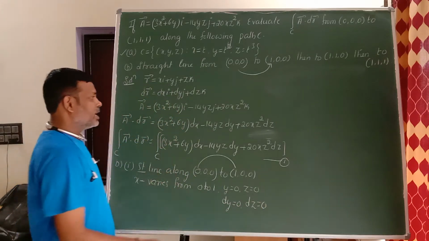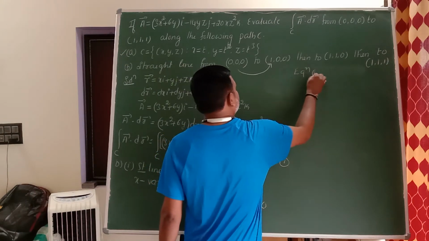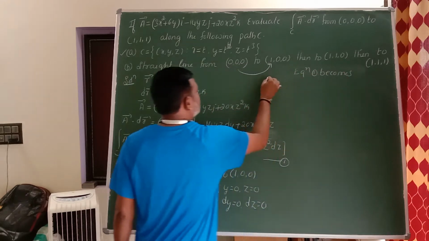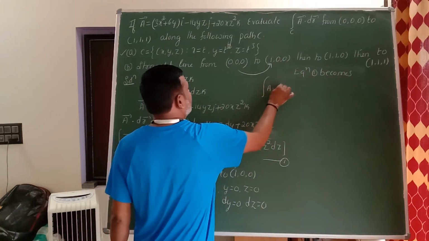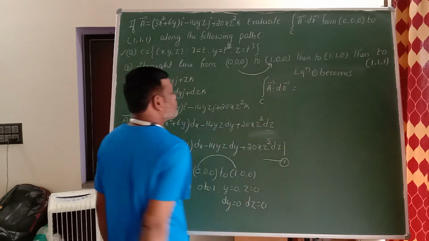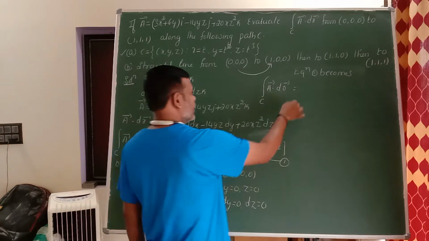Now equation 1 becomes the integral of A dot dr over the closed curve C. So C is from where to where? 0 to 1.